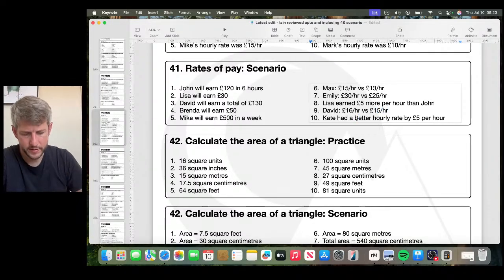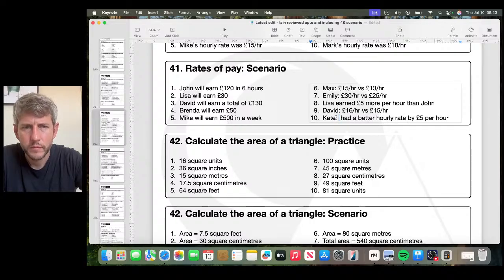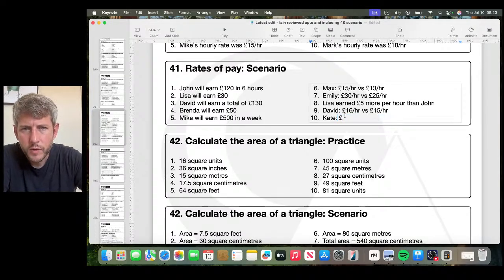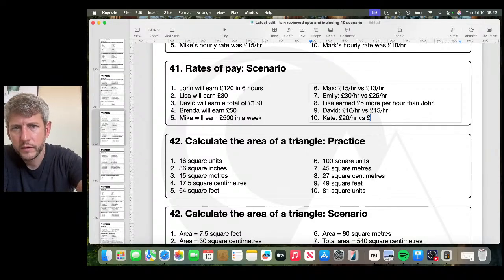And then Kate, who had a better hourly rate? Kate, and she had £20 per hour versus £15 per hour.